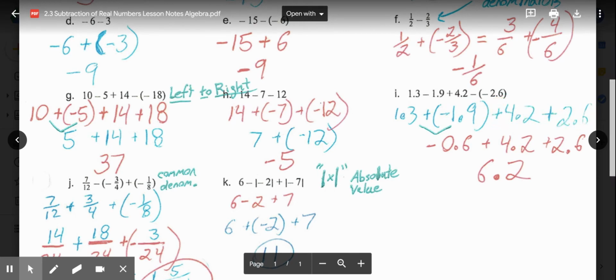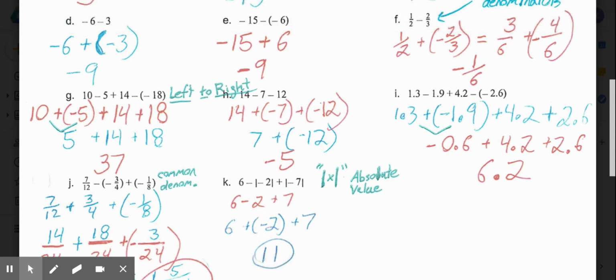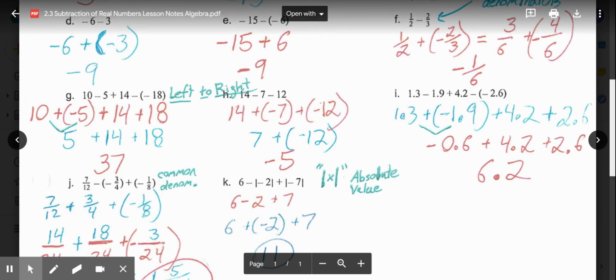So all of our subtractions became adding the opposites. Then we work it left to right once it's all addition. So a 1.3 plus a negative 1.9 is a negative 0.6. A negative 0.6 plus 4.2 plus 2.6 is 6.2.